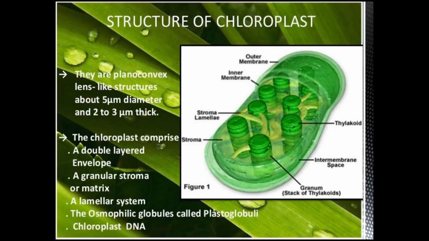Chloroplasts are oval shaped organelles having a diameter of 2 to 10 micrometer and a thickness of 1 to 2 micrometer. See, that is an oval shape. Okay?